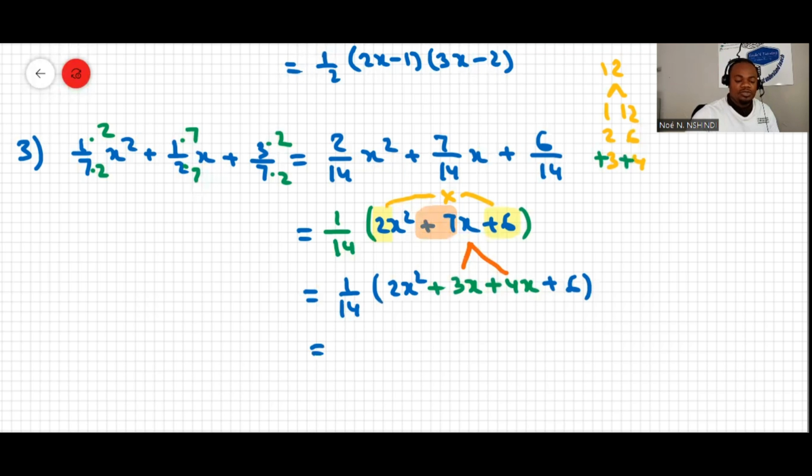Then this will be 1 over 14, open bracket. Let's use square brackets. The common factor between this and that is x, and the common factor between these two is just 2.